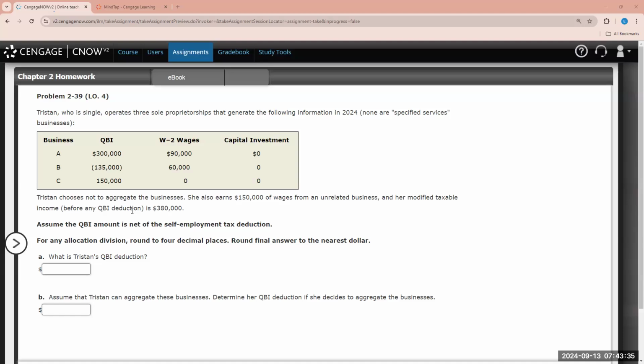So because Tristan's taxable income is above the threshold amount, we see here modified taxable income is 380,000. This is well above the 191,950 limitation. So therefore, we need to factor in the W-2 wages limit. There's no capital investment, but the W-2 wages limit is factored in.